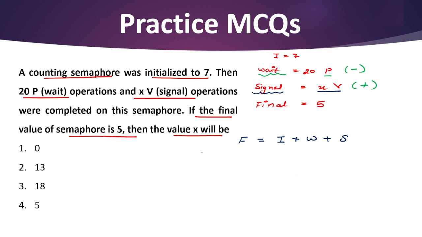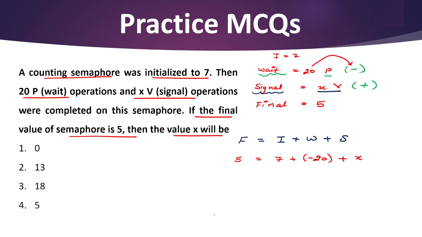If you remember this, it will be easier for you to solve such questions. So final value is 5 equals initial value 7 plus value of wait 20, but we have to use the minus symbol with this, so you can write it as minus 20, plus the value of signal, which is x.